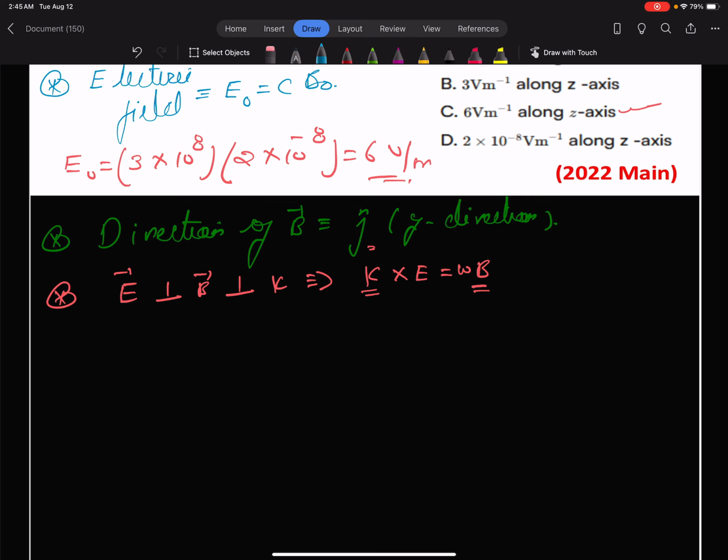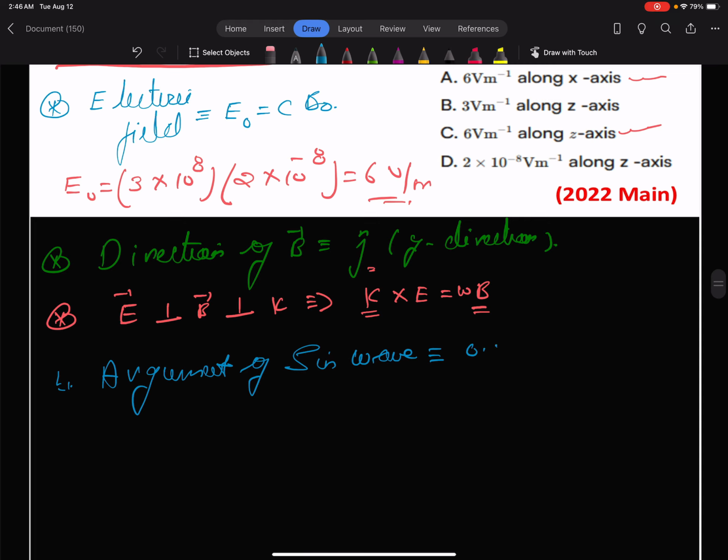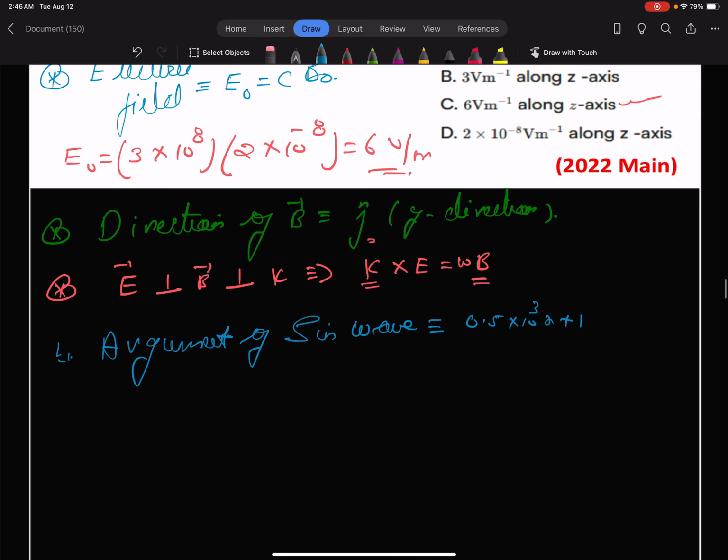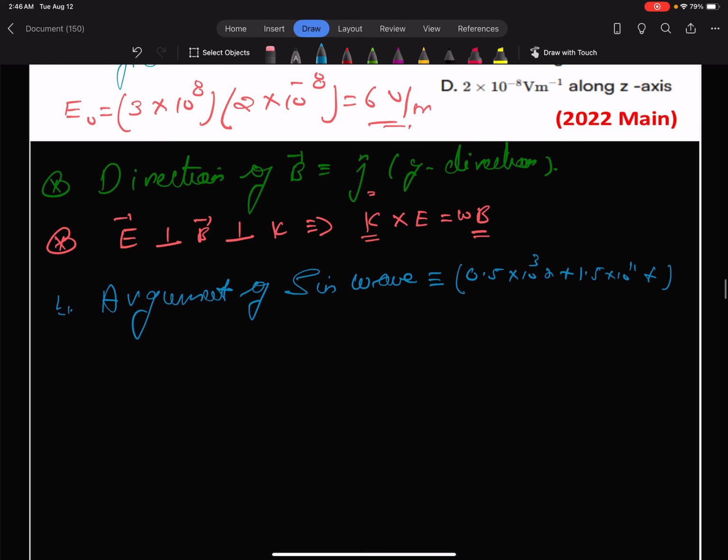So from the given equation we are going to take the argument of sine, and that argument is giving us 0.5 into 10 to the power 3 times x plus 1.5 into 10 to the power 11 times t. So this format is kx plus omega t.